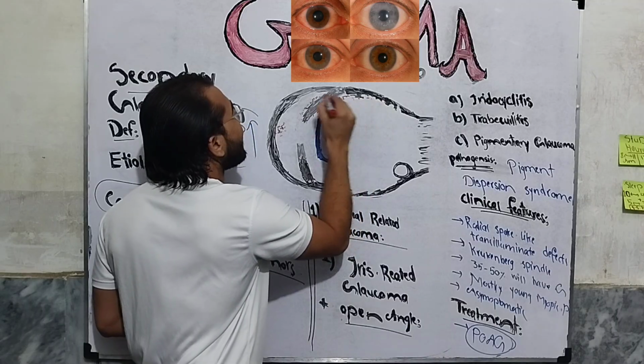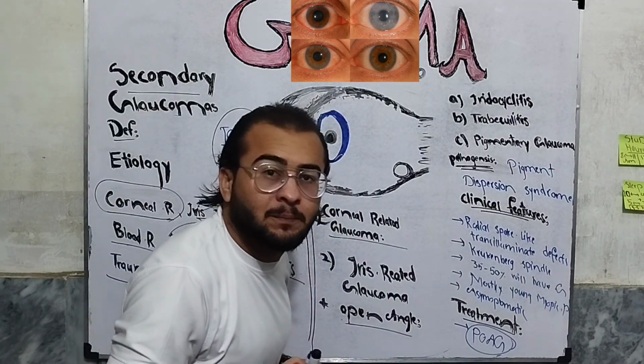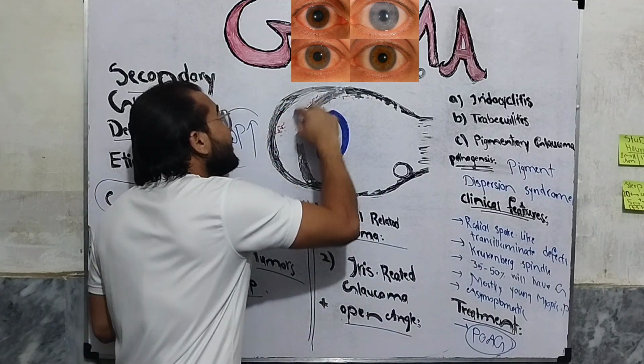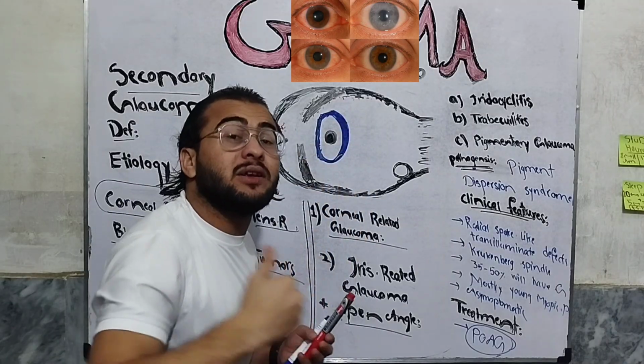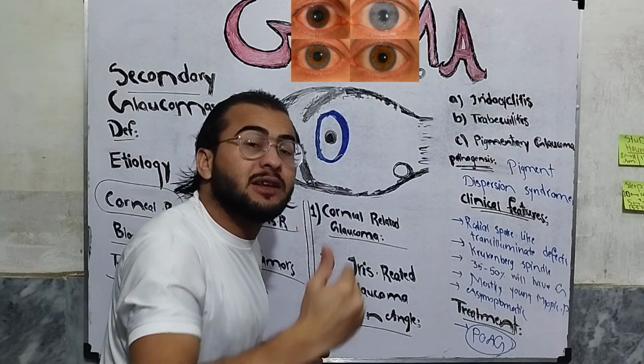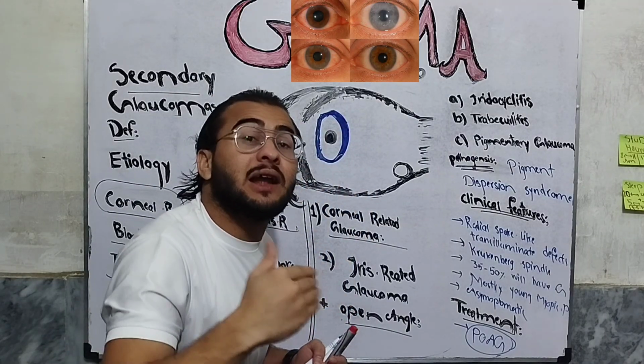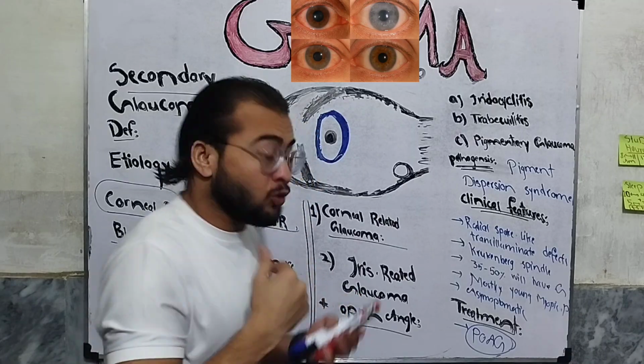This inflammation is called iridocyclitis, also called anterior uveitis.